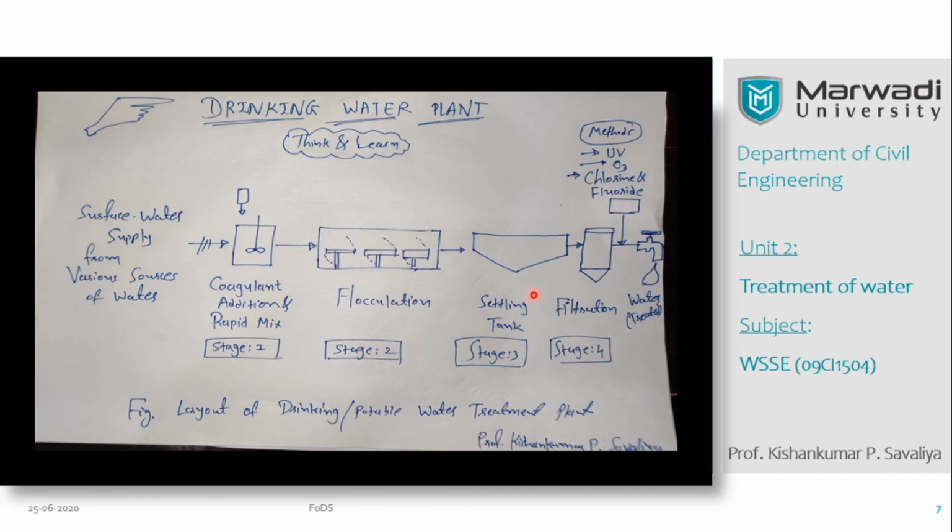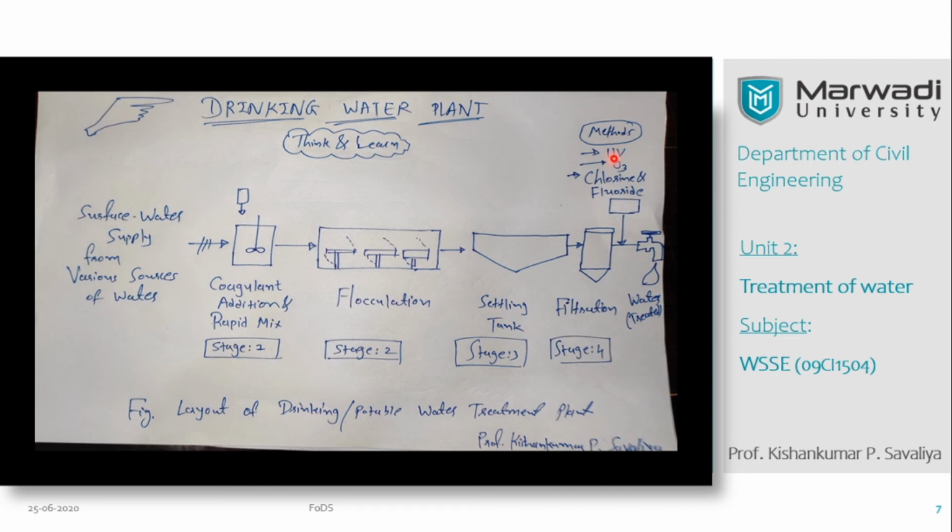After applying all 4 stages, certain bacteria are still available in the treated water. For that, we require additional treatment of the water by applying certain chemicals or methodologies. Here you can see the list of methodologies: UV rays, ozone, chlorine and fluoride.